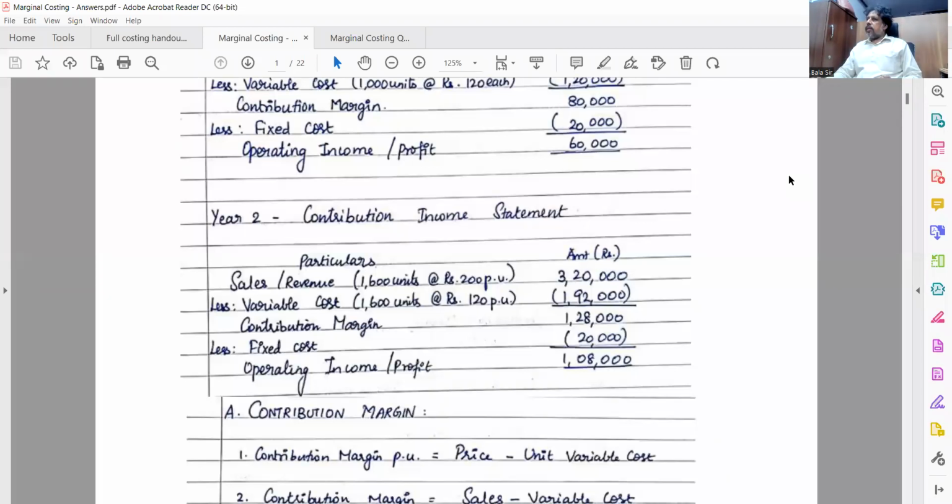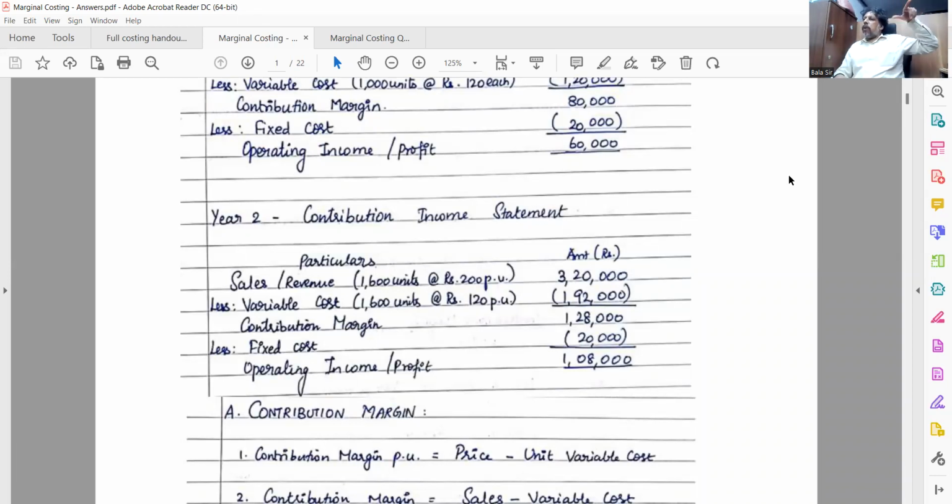And if I divide that by contribution per unit of rupees 80, what is 80? 200 selling price and 120 variable cost per unit. Now tell me what is 1,28,000 by 80? 1,600. That means if somebody asks a question, how many units do I have to sell to earn 1,08,000 profit? What are you going to do?